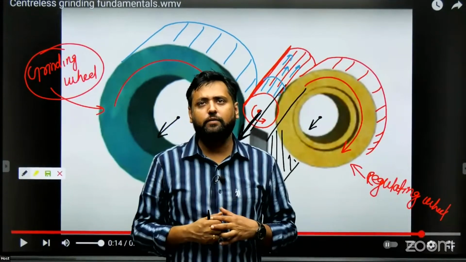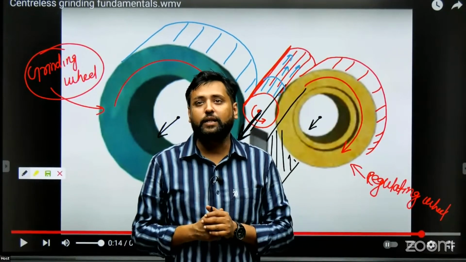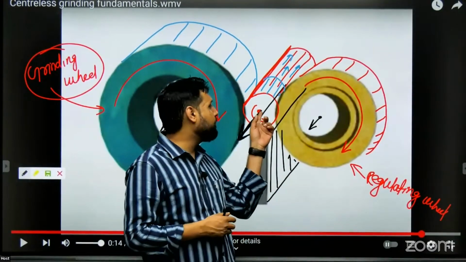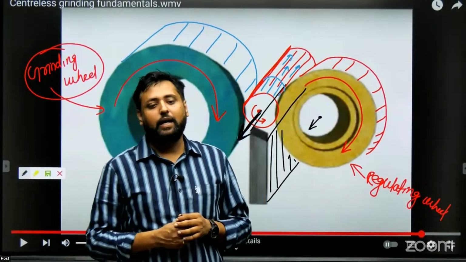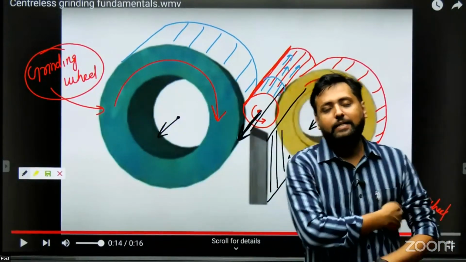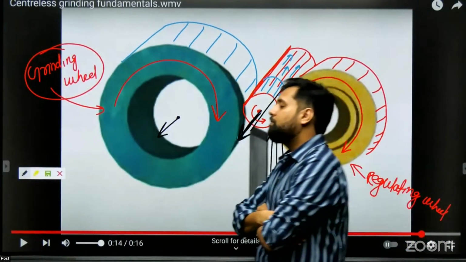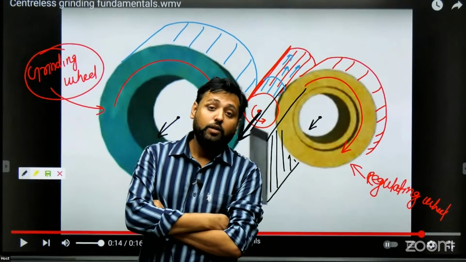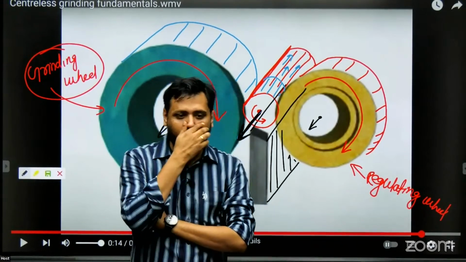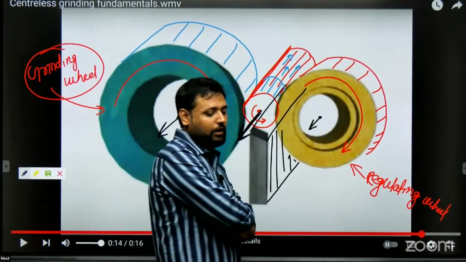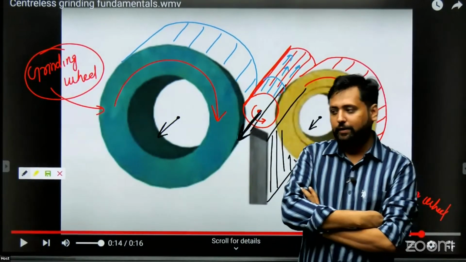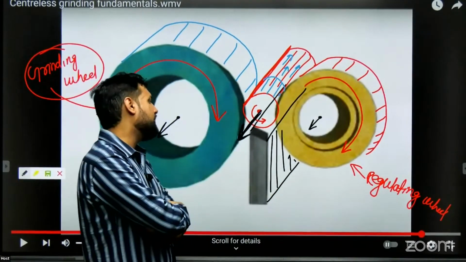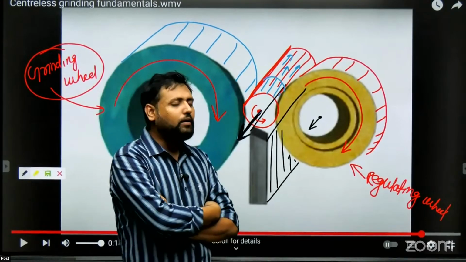Because if it is a rubber bonded or plastic bonded wheel, then it will have a very good hold, a very good grip over this workpiece. अगर ये रेगुलेटिंग व्हील को प्लास्टिकली बॉन्ड करोगे या रबर बॉन्ड इसमें डालोगे तो इस रेगुलेटिंग व्हील का जो ग्रिप है वर्कपीस के ऊपर वो काफी अच्छे से होगा. समझ में आई बात? The regulating wheel will have superb grip over the workpiece. That's why the regulating wheel is plastically bonded or rubber bonded.